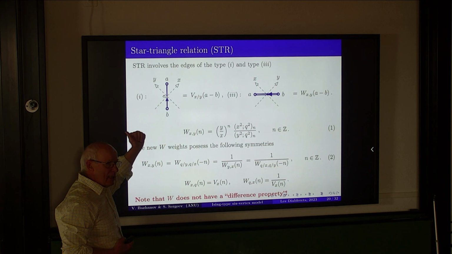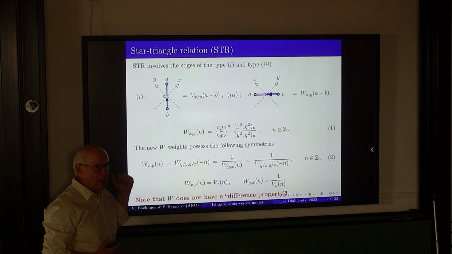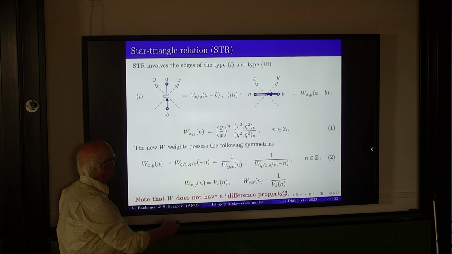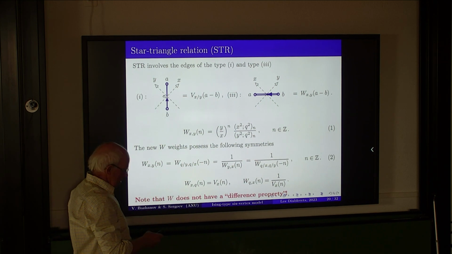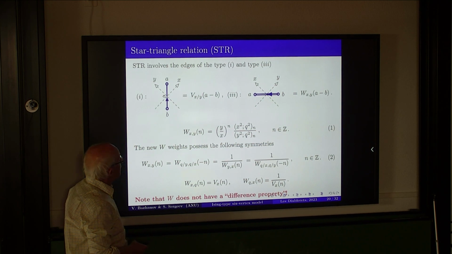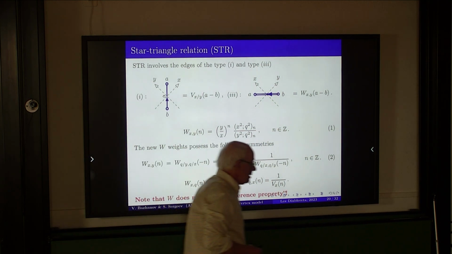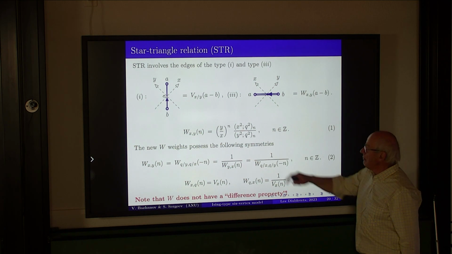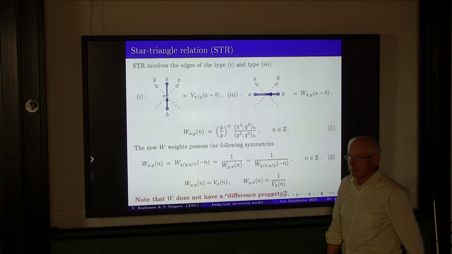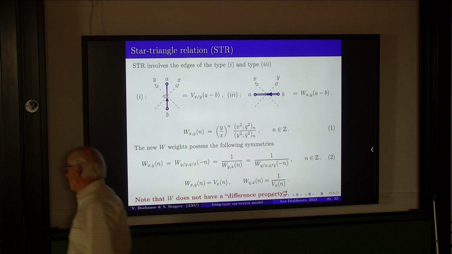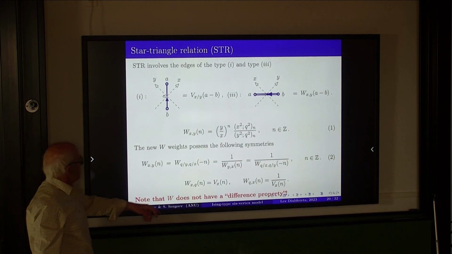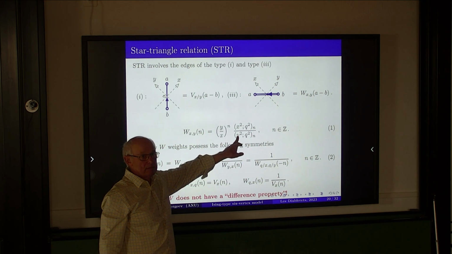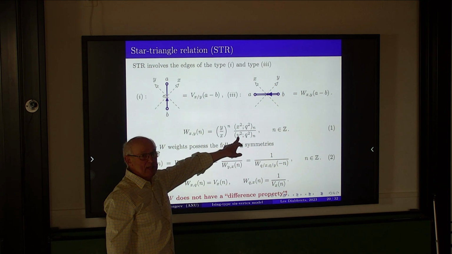But to formulate this relation, we need to introduce an additional Boltzmann weight, which is W. It depends on two spectral variables, on spin difference, x and y, and is given by this formula. Previously, in the weight V, we have q squared here. Here, that's an arbitrary variable.